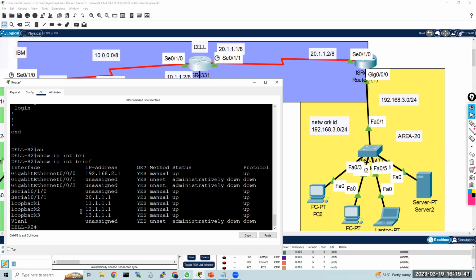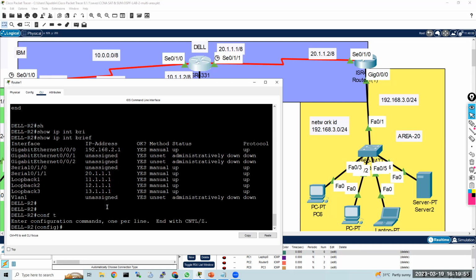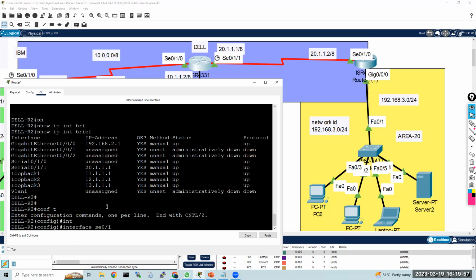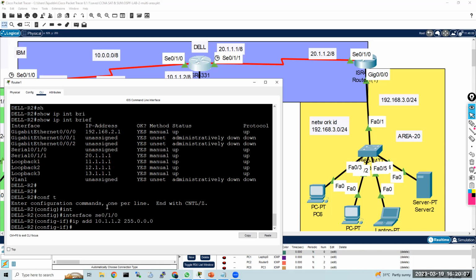Okay, so what IP address should I configure? 10.1.1.2. Perfect, Clara. Very good. Okay, I'll configure this. I'll go to serial 0/1/0, IP address 10.1.1.2. Okay, say no shut.